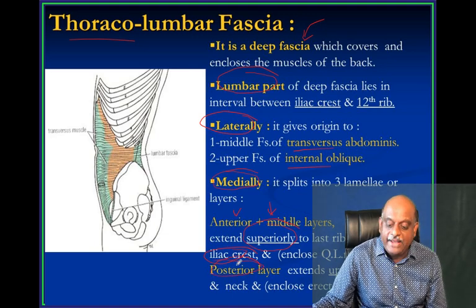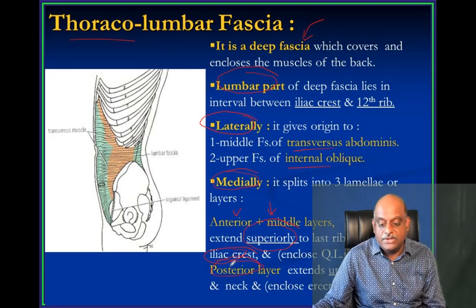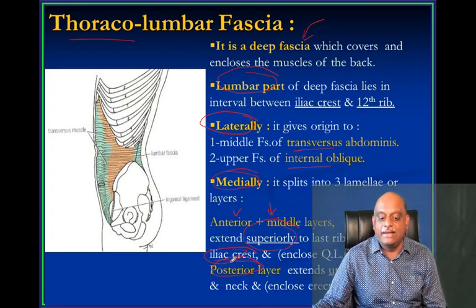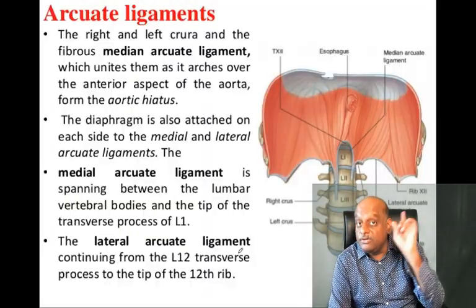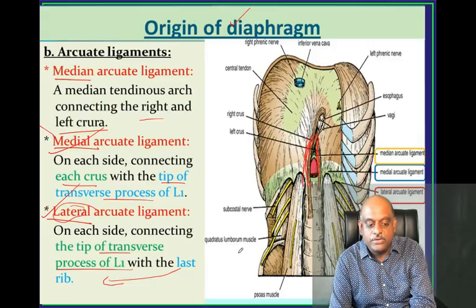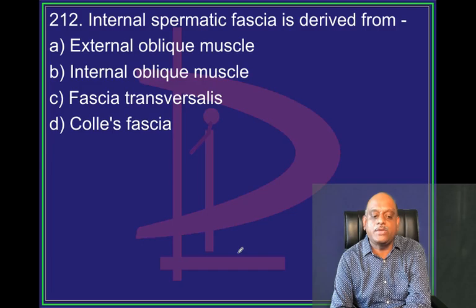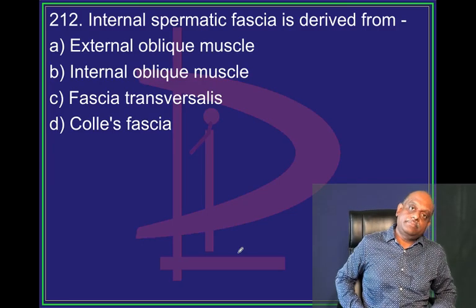The posterior layer extends upwards towards the thorax and neck. So that is the thoracolumbar fascia, which gives origin to the lateral arcuate ligament, is what you need to remember.